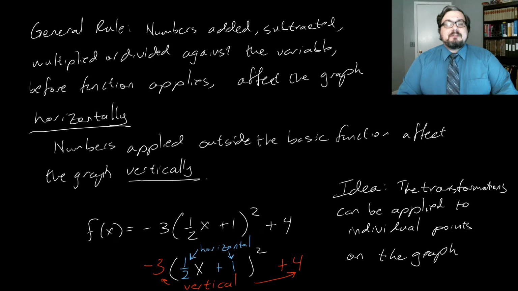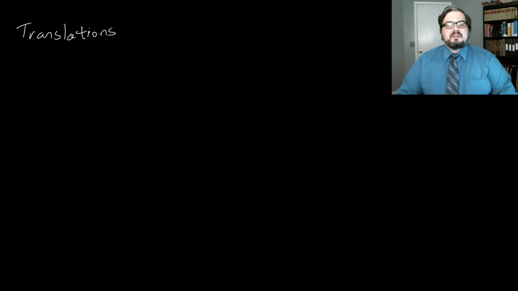All right, we have three different kinds of transformations we're going to talk about: translations, reflections, and scalings. And translation is the first kind that we're going to talk about. So let's look at translations. And the types of changes that give us translations are when we add or subtract a number.